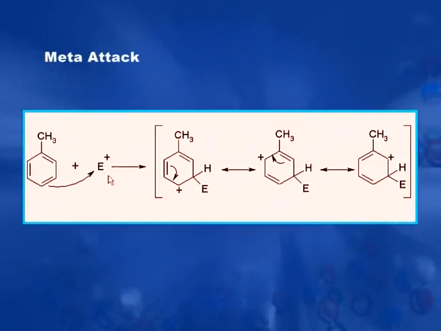Now, if we see the meta attack, the electrophile attacks the meta position and we get the intermediate, and this is stabilized via these resonating structures, and in these resonating structures no structure is extra stable. So, that is why the extra stability contribution towards resonance is not there.